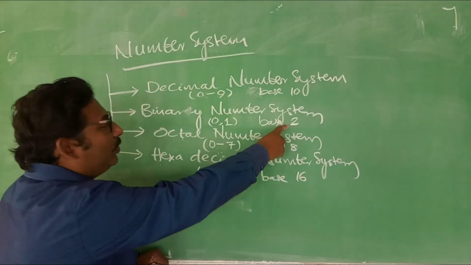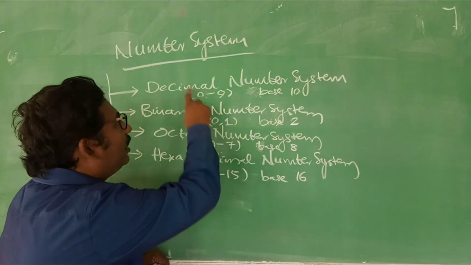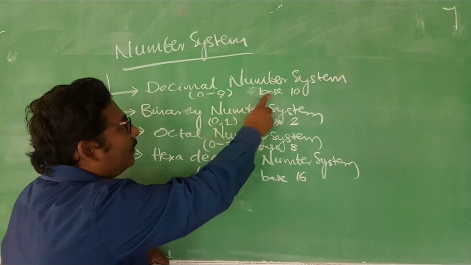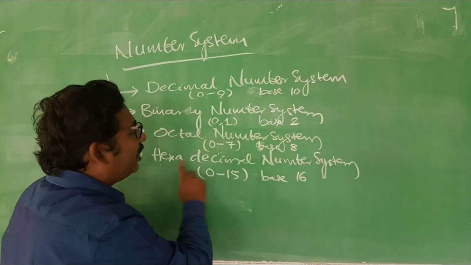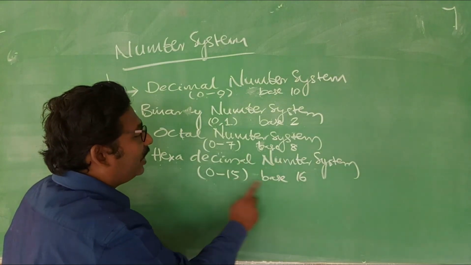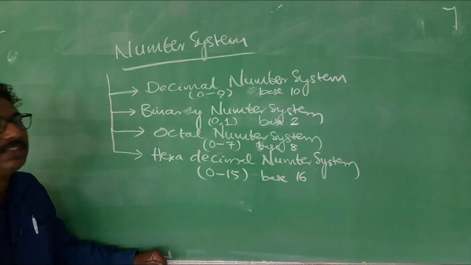So the base is 2 for binary with digits 0 and 1. For decimal, 0 to 9, base is 10. For octal, 0 to 7, base is 8. For hexadecimal, 0 to 15, base is 16. So these are the basic terms in the number system.